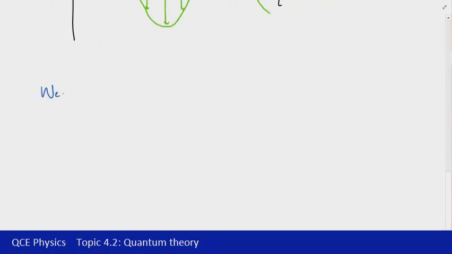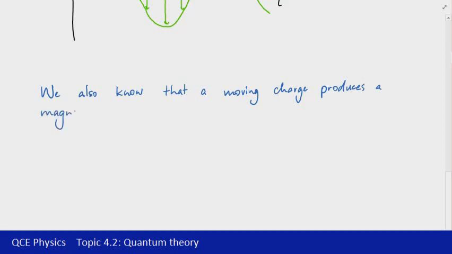We also saw in topic 3.2 that a moving charge produces a magnetic field. So in this situation, we're going to see that not only is the electric field going to change, we're going to see a change in the magnetic field.